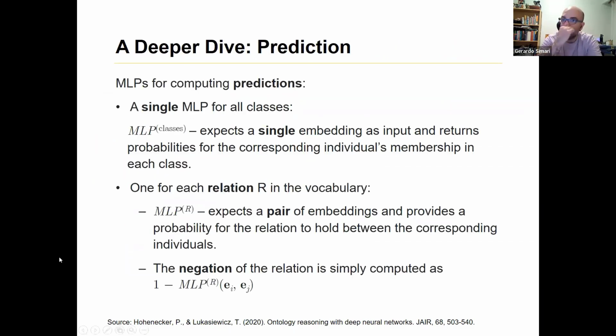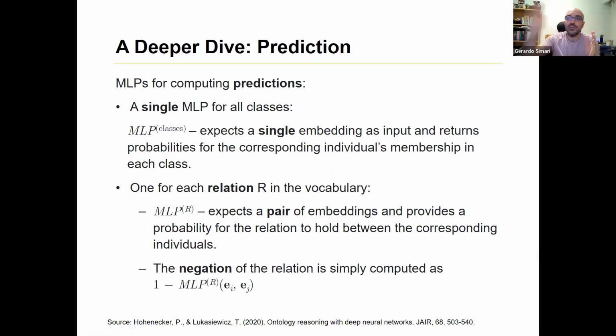So for prediction, this is where the MLPs come in for computing the prediction. So we have a single MLP, multi-layer perceptron, for all of the classes. It's called MLP classes. And this MLP will just take a single embedding as an input and return the probabilities for the corresponding individual's membership in all of the classes, right?